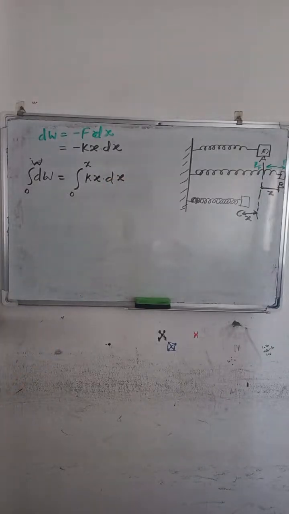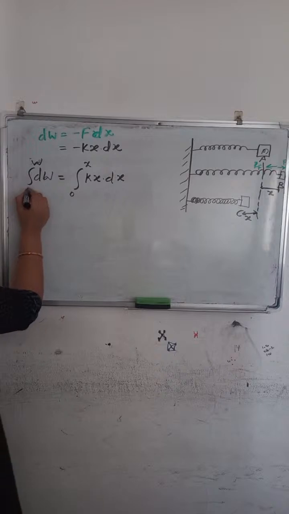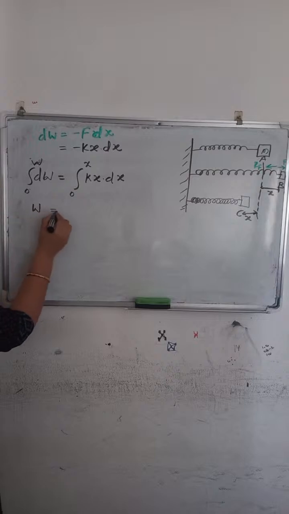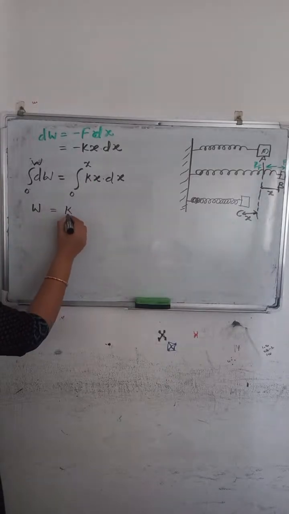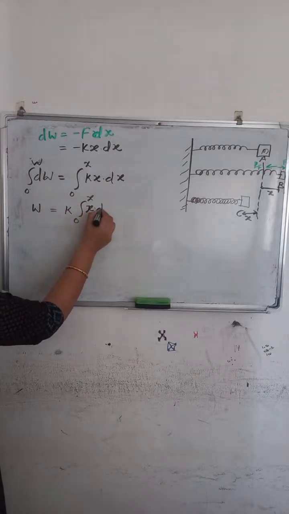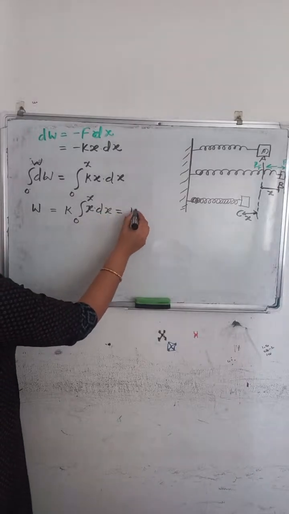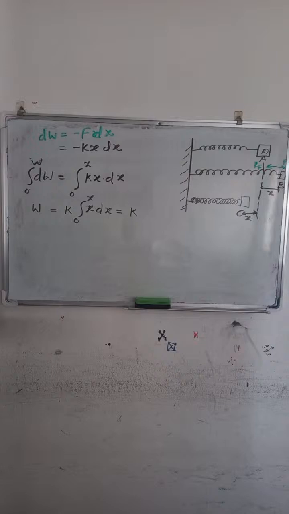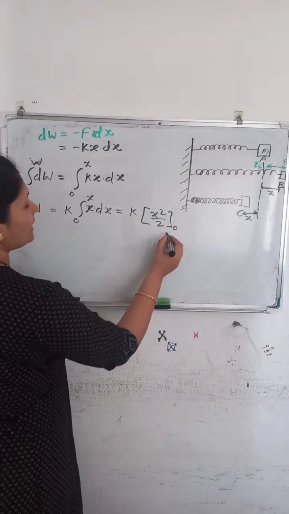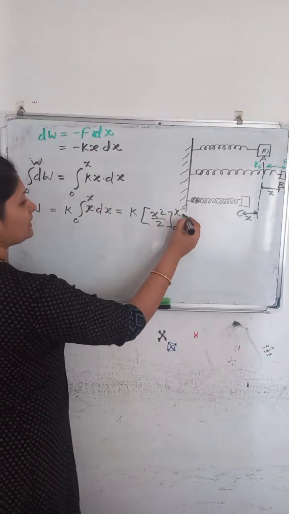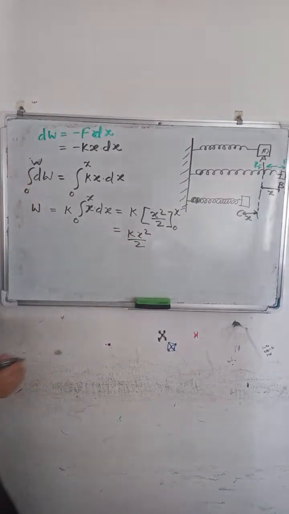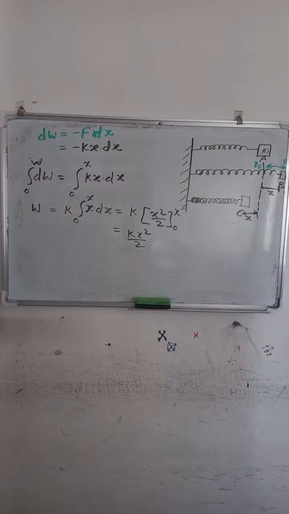Integrating, the left side gives total work done W, upper minus lower limit, and taking k as a constant, inside the integration x dx remains. The integration of x dx is x square by 2, with limits 0 to x. Then we get kx square by 2, upper minus lower limit. We get this as the work done.